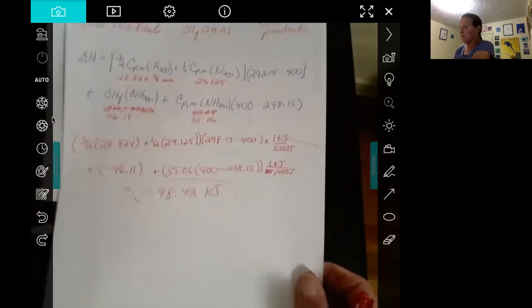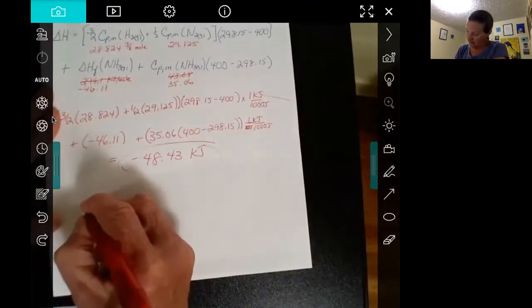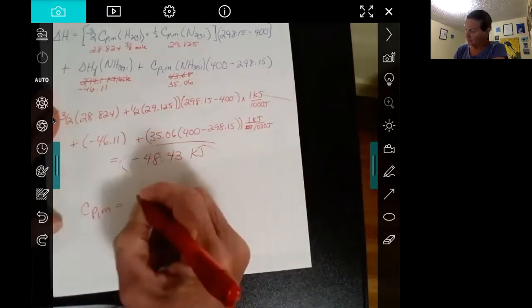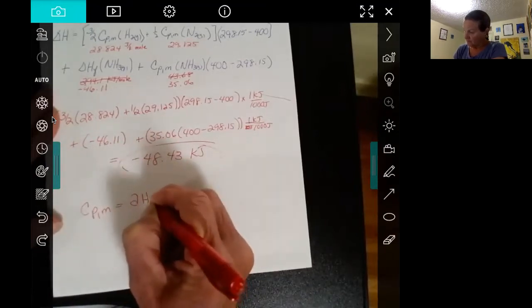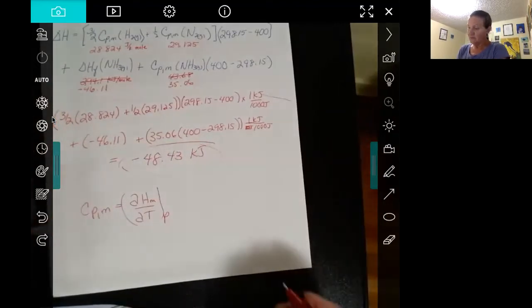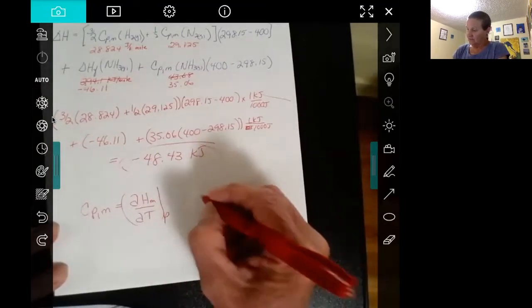So from what I know about enthalpy, I know that this is true. And so if I change the temperature, how does enthalpy change?